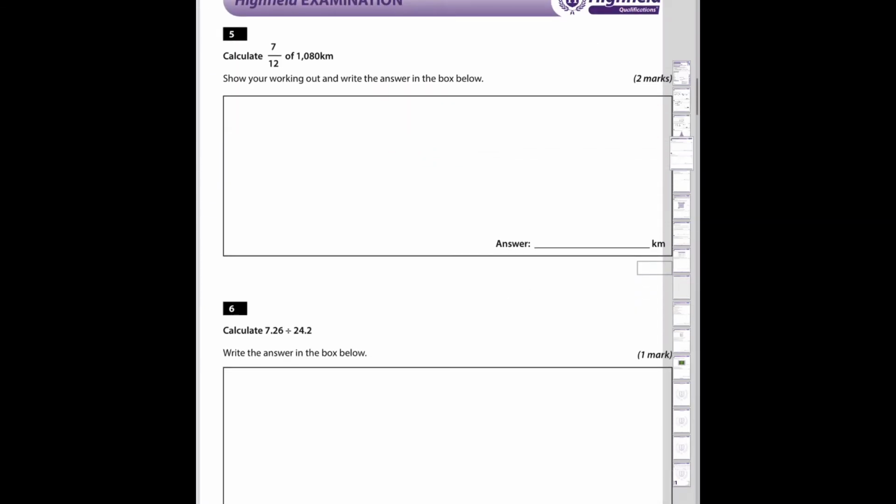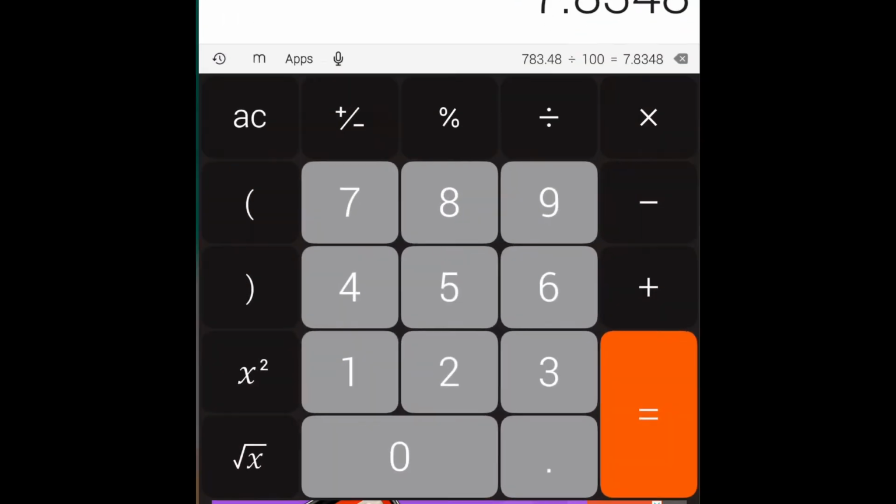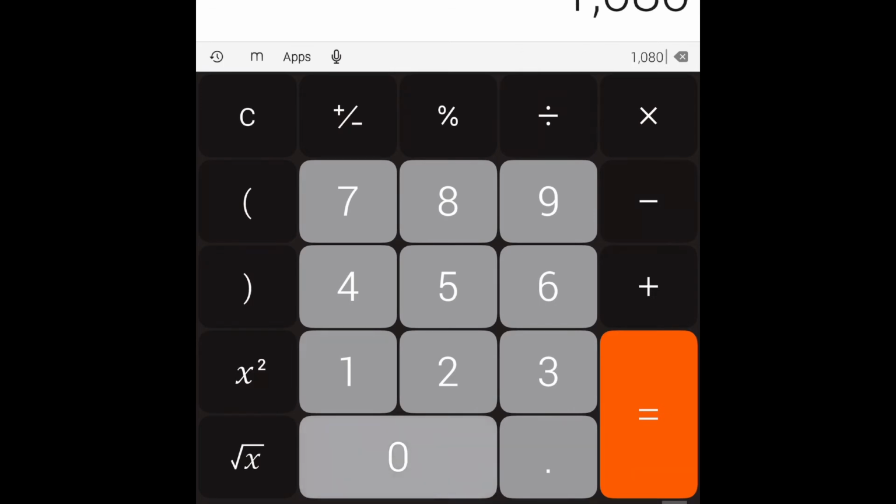Number 5, calculate 7/12 of 1080 kilometres. When you're given a fraction of something, the first thing you need to work out is what a 12th is. So to do that, we divide 1080 by 12, which is 90.